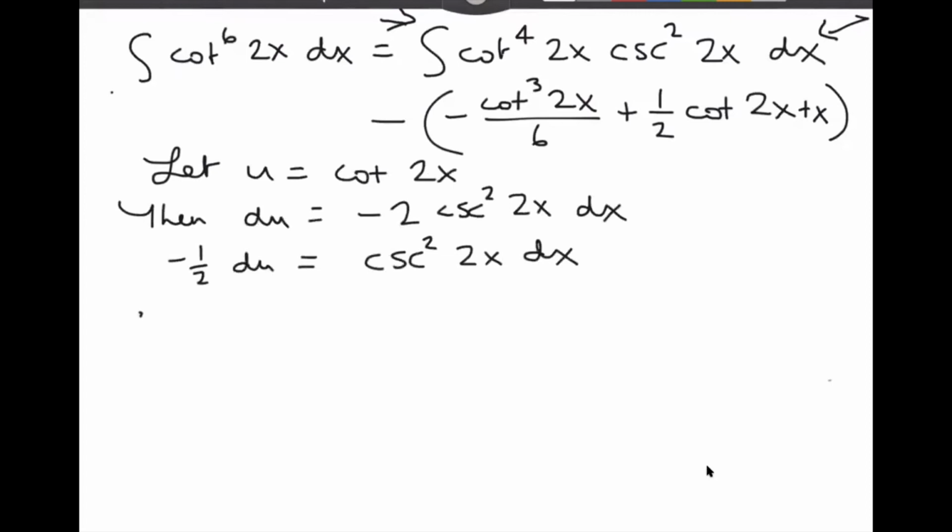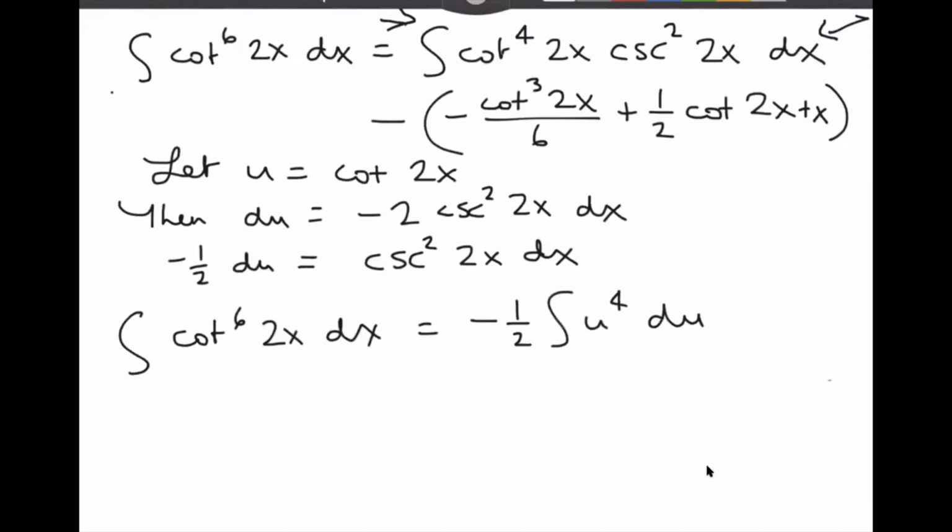All right, so the integral of cotangent to the sixth 2x is going to be negative 1/2 the integral of u to the fourth du. And now this other part can become plus cotangent to the third 2x over 6 minus 1/2 cotangent 2x minus x.